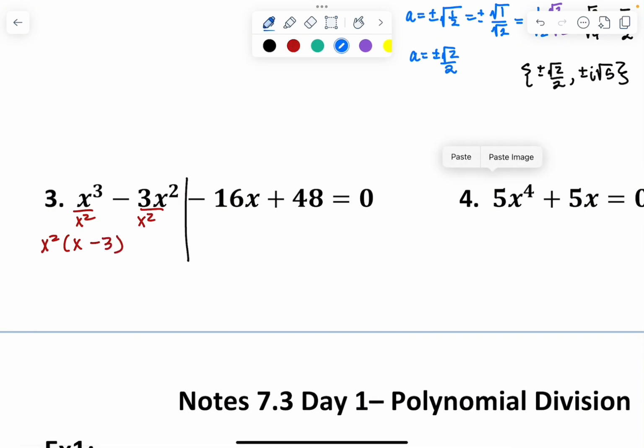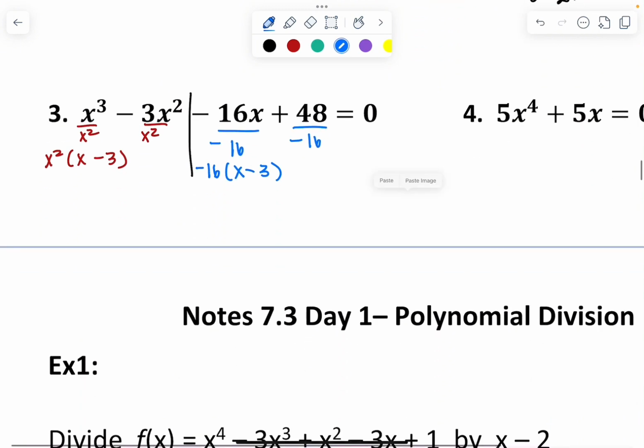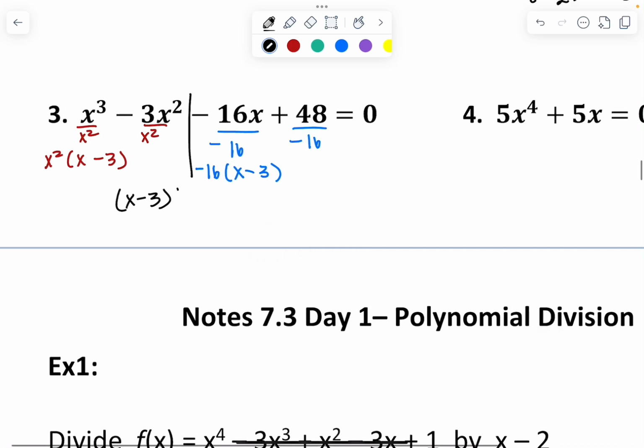Out of the second pair, I can divide, the leader is negative, and then we can also get a 16. And that leaves an x minus 3. The x minus 3 matches. That means that's one of our factors. And then the other factor is x squared minus 16.